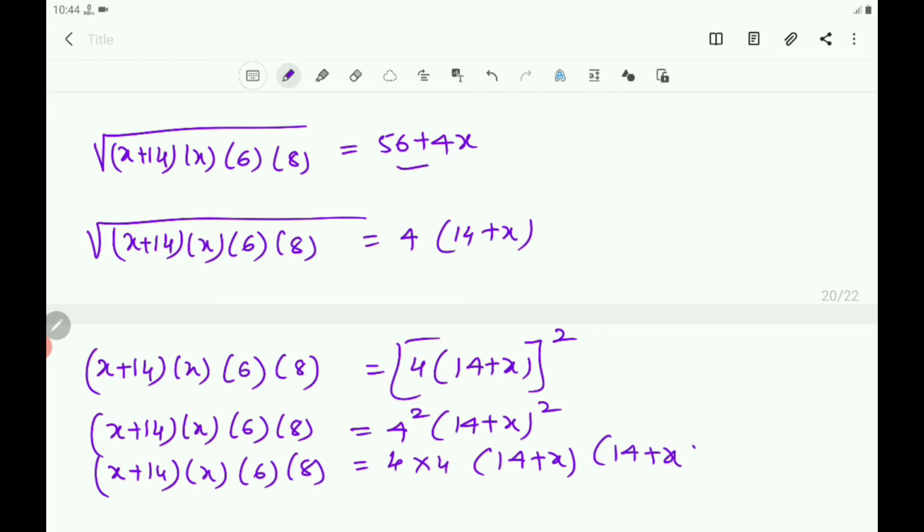Then x plus 14 cancels, and 6 8s are, you know that, 8, 4 1s are 4, 2 1s are 2, 2 1s are 2, again 2 1s are 2, 3s are. So you will get 3x equals 14 plus x.